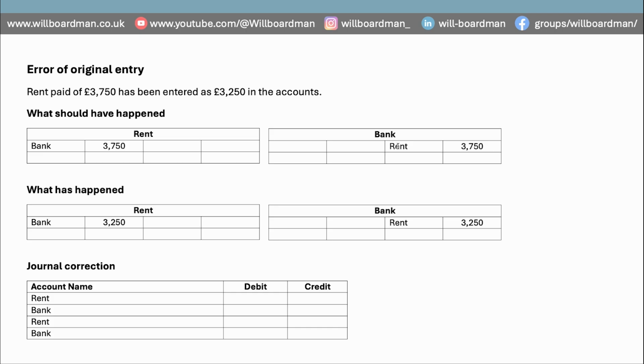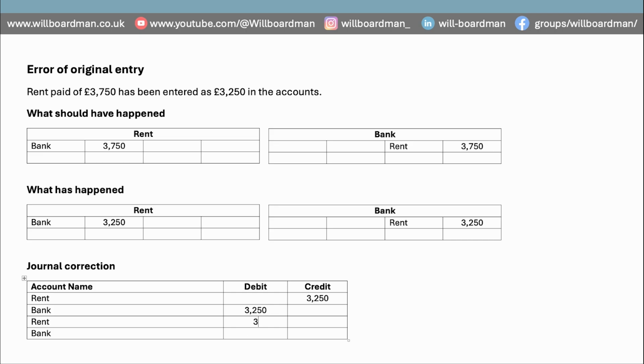So what we need to do is first reverse that incorrect entry. That would be the 3,250. So what we would want to do is credit our rent account to remove it. So credit our rent for 3,250 and debit our bank account again for 3,250. And by doing this, we have reversed that original entry. We then want to enter it in as it should have been in the first place.